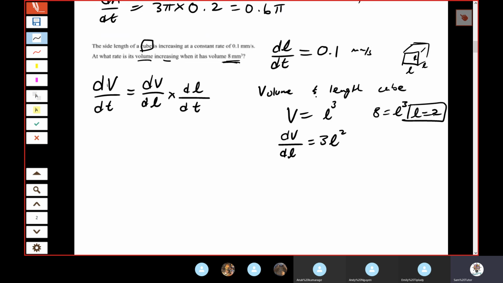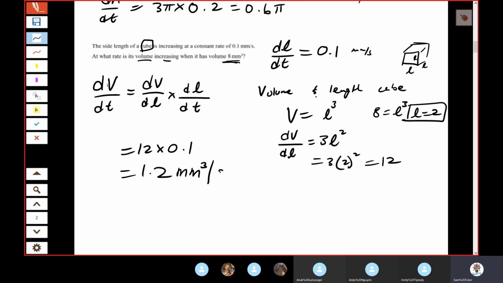So when volume is 8, it means the length is 2. That's what you would sub in. 3 times 2 squared, 4 times 3 is 12. And then finish it off: 12 times 0.1 is 1.2. Volume is increasing at 1.2 millimeters cubed per second.